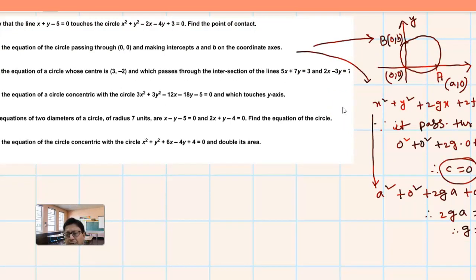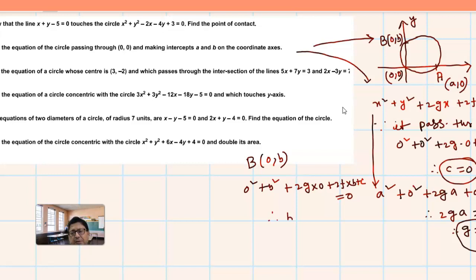So out of 3 unknowns, we got 2 unknowns from there, g and c. We use the third condition, the circle passing through (0, b). So (0, b) is a point on the circle. So 0 square plus b square plus 2g into 0 plus 2fb plus c equal to 0.